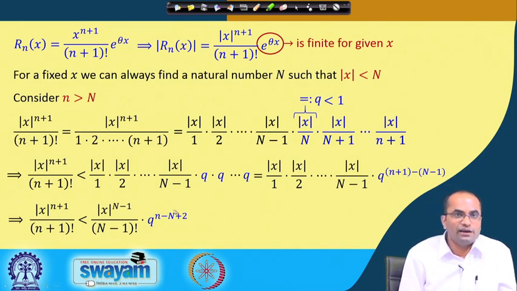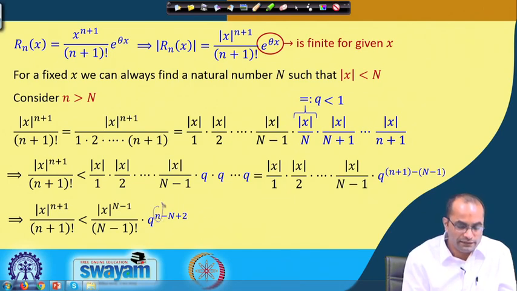And now, we can take a limit here, and q is less than 1, and when n goes to infinity, this exponent goes to infinity, and q is less than 1, then this goes to 0, and here some fixed number is appearing. So, everything goes to 0.